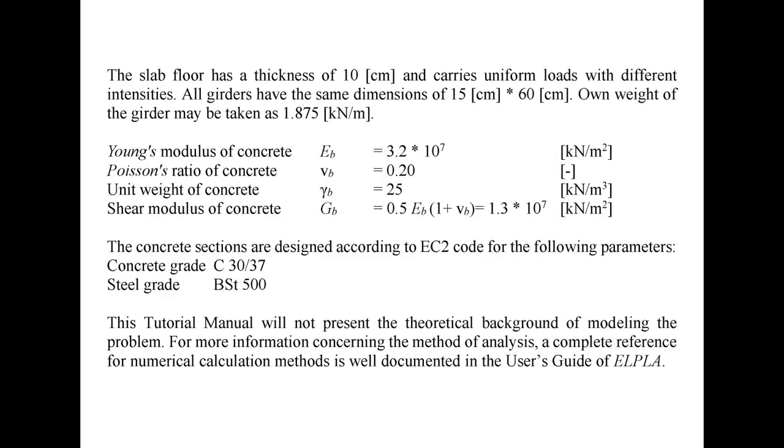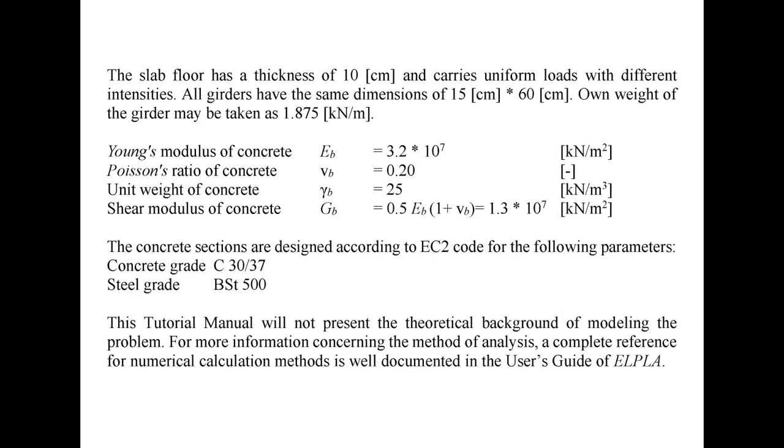Poisson ratio of concrete is 0.2. Unit weight of concrete is 25 kN per meter cubic, and shear modulus of concrete is 1.3 by 10 power 7 kN per meter square.